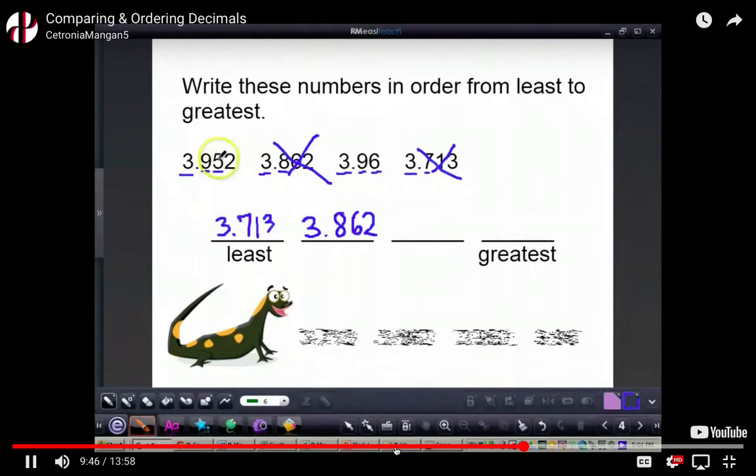That means that my 5 is obviously less than the 6 in the hundredths place, so the next number would be 3 and 952 thousandths. Now, even though this number has more digits than this number, this number is actually greater. And then the greatest number here would be 3 and 96 hundredths for my answer.